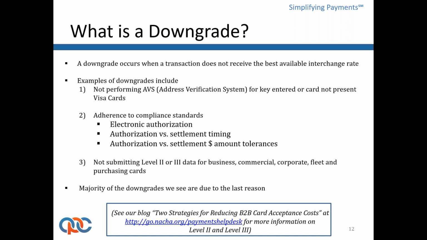If you do that, you meet the requirements and you pay a keyed or a card not present rate. But if you don't do that, you typically end up paying about 40 basis points more if you don't do AVS. Second example is the card networks require that you get an electronic authorization for every transaction that you settle.